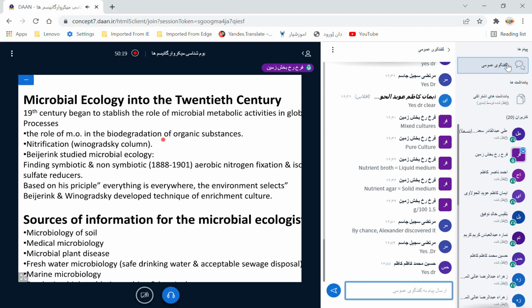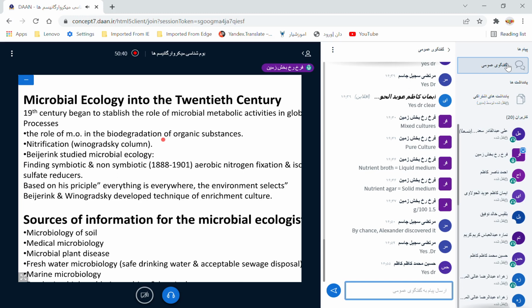When you know which microbe is a pathogen, what its pathogenicity is, and how it can invade you, you can make a vaccine. So production of a vaccine from a pathogen is biotechnology.